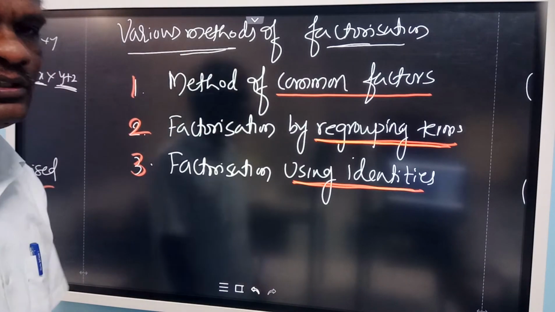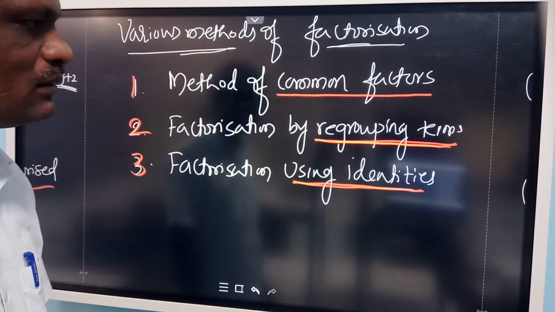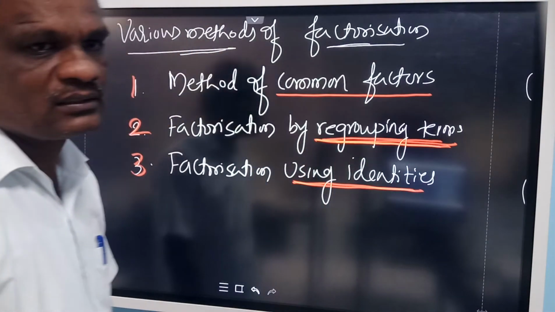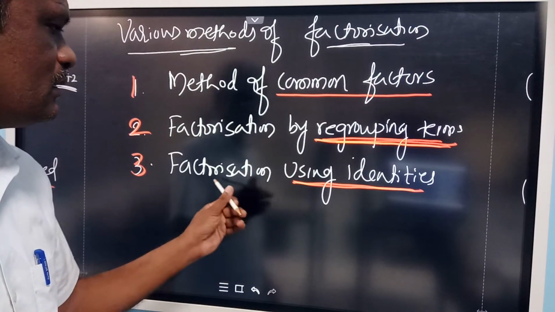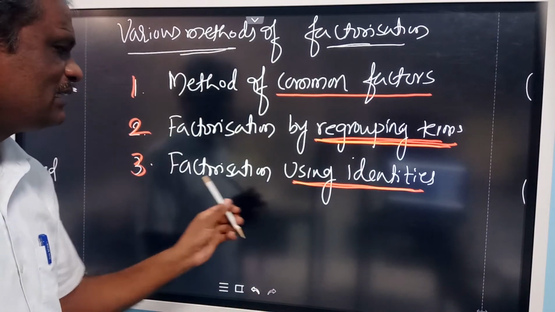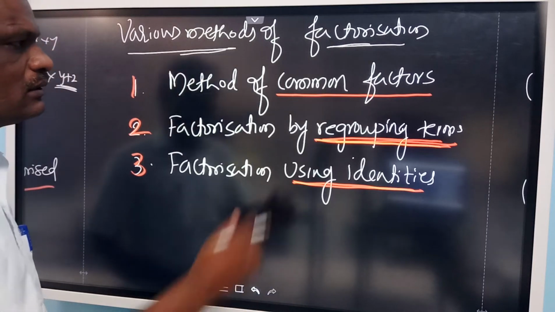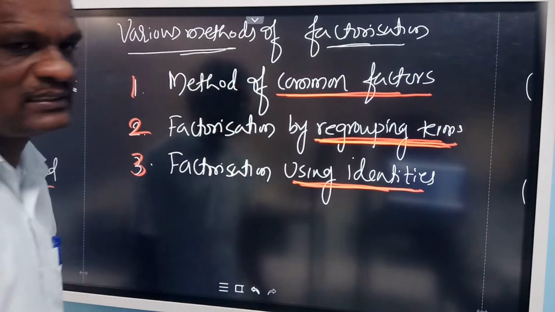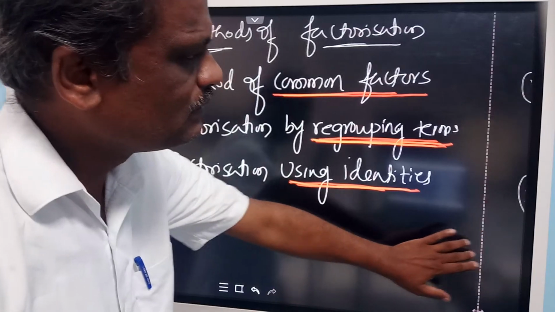Identities means formulas that you know, like a plus b whole square equals a square plus 2ab plus b square. Common factors, regrouping terms, using identities. These are the three methods we are going to learn in this class.